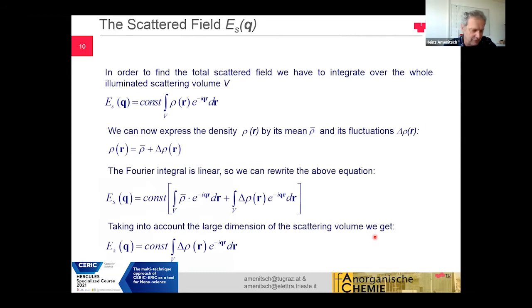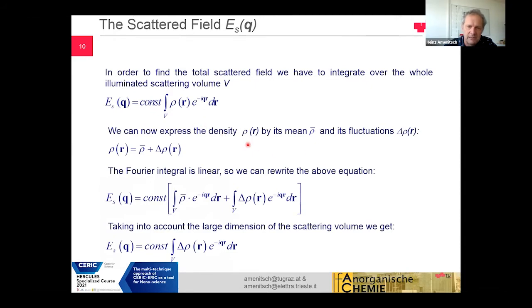And if you do it right, the sum can be replaced by an integral. The electrons will be replaced by the electron density of the sample. And then the scattered electrical field is nothing else than the Fourier transformation of the electron density over the total space of the sample.